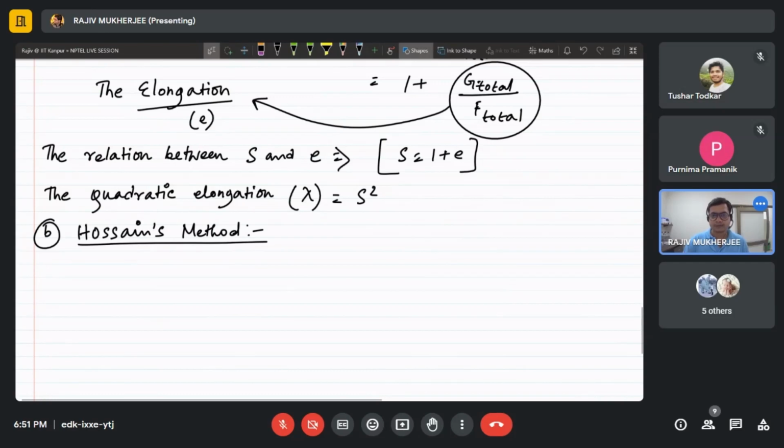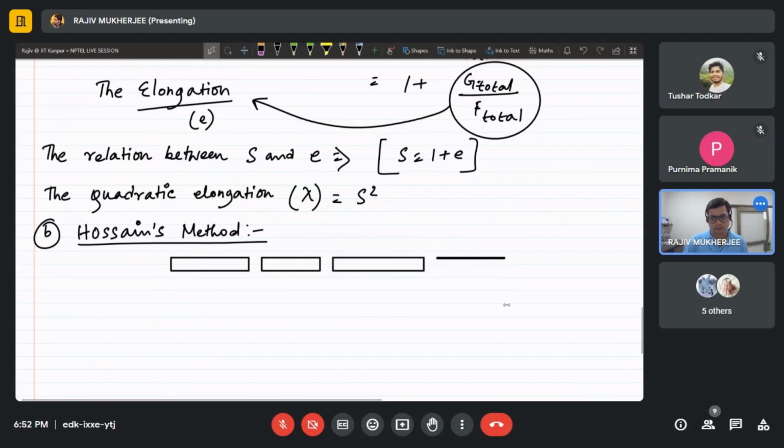I'm just drawing the deformed markers. Okay, so Hossain's method tells that you consider the midpoint of both of the end fragments, right?